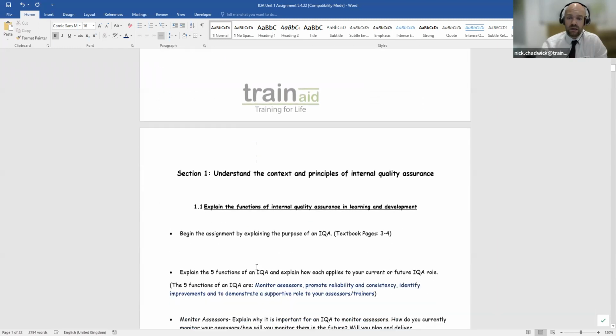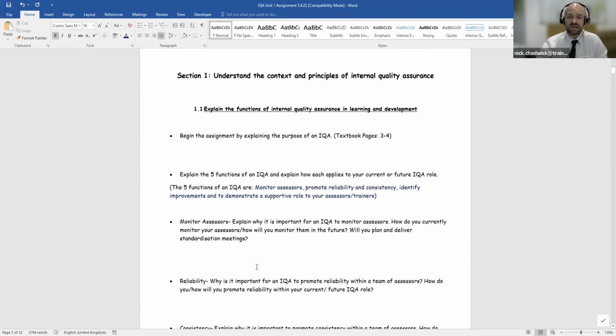Okay. So we're going to move on to section 1, which is to understand the context and principles of internal quality assurance. And once again, the only textbook and source of information you need is Angravell's IQA textbook, which is Principles and Practices of Quality Assurance. That is a really great book for answering your assignments.